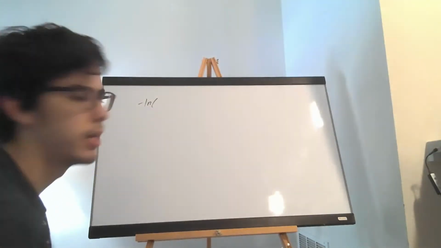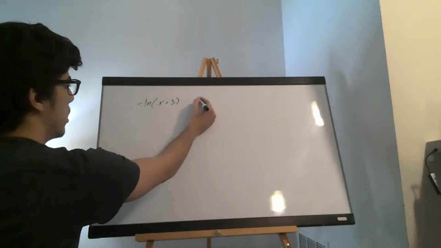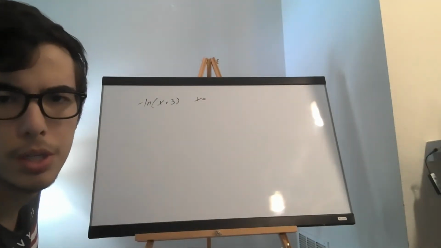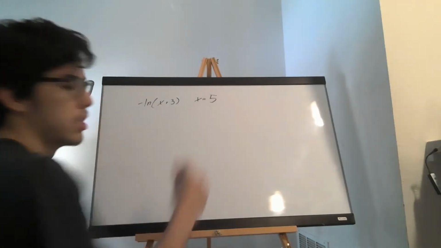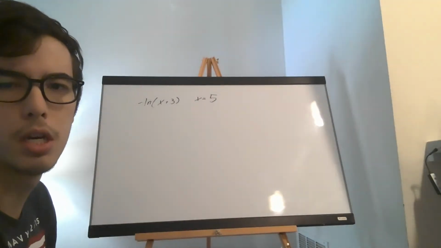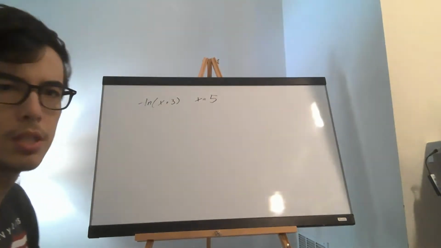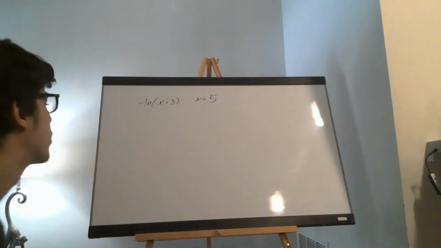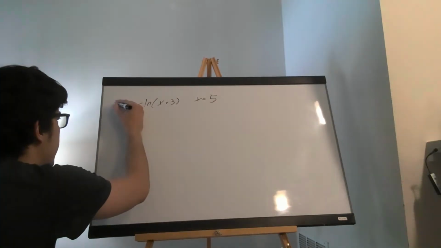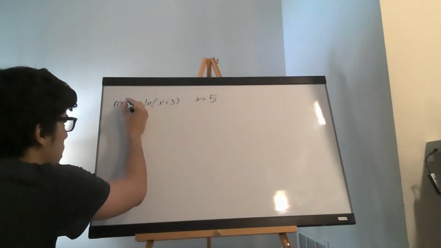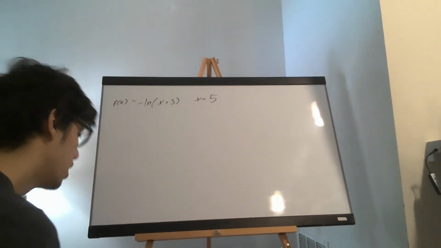Okay, so this is our first problem that we're going to start on. We've got f of x is equal to the negative natural log of x plus 3, at x equals 5.